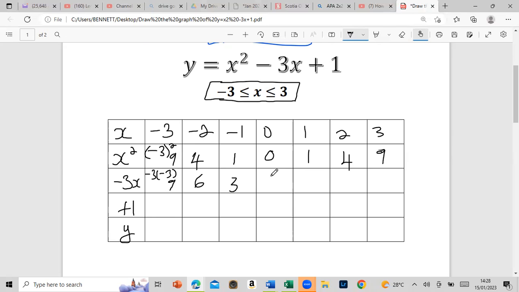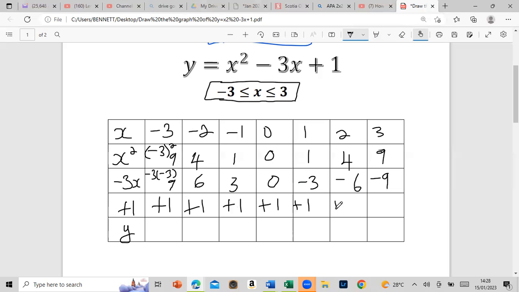Anything times 0 is 0. Then -3 times 1: be careful with this one, guys. A negative times a positive is negative, so that gives us -3. -3 times 2 gives us -6, and -3 times 3 is -9. For the last part, we just have +1 each time, because nothing is done to it, so you just add 1.